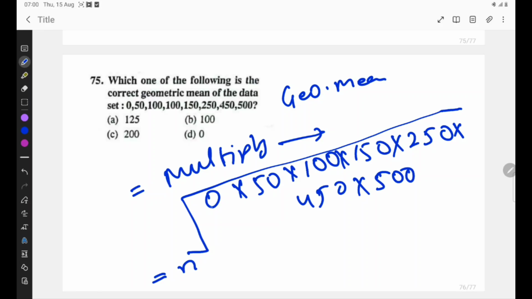For example, 1 2 3 4 5 6 7 8, so the power of the root will be 8. Since there is a 0, the entire value will become 0. So 0 is the answer here.